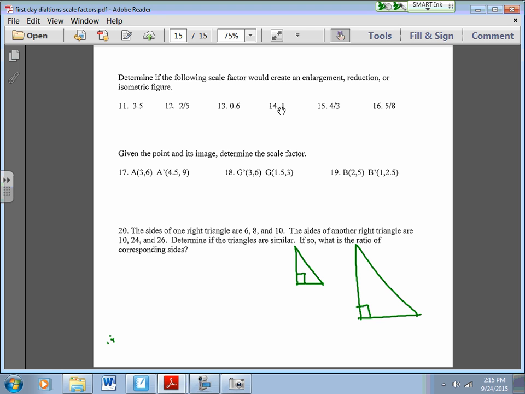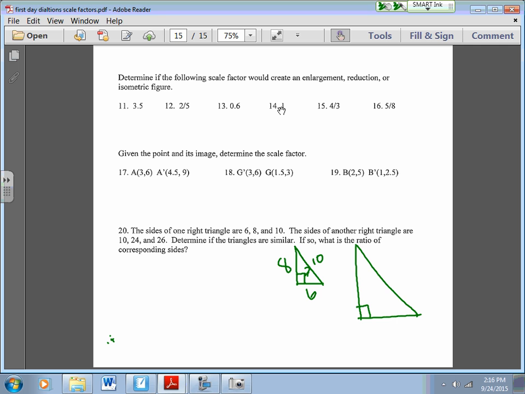So you notice they didn't give me a picture? If they don't give you a picture, you guys have to start drawing things and labeling the picture. Do you notice in the smaller one, the sides are 6, 8, and 10? Always opposite the hypotenuse is the largest side, so what number should be there? Okay.